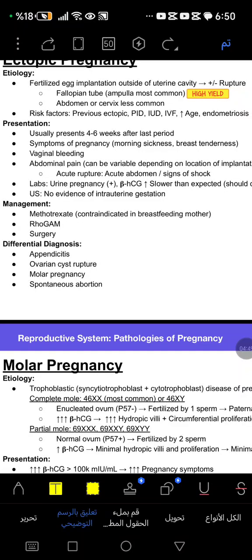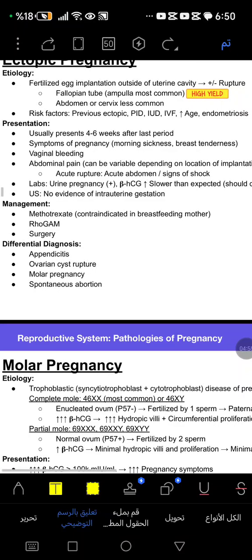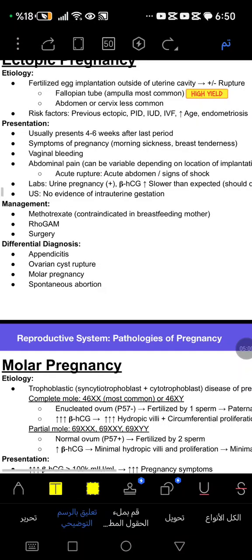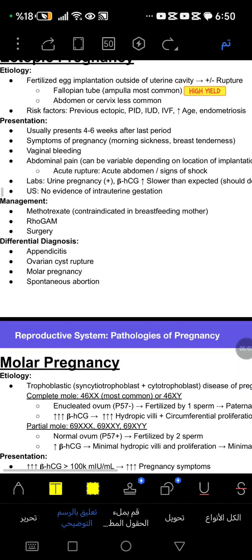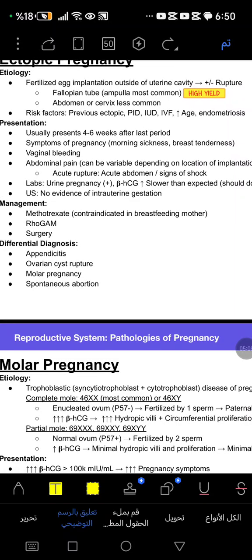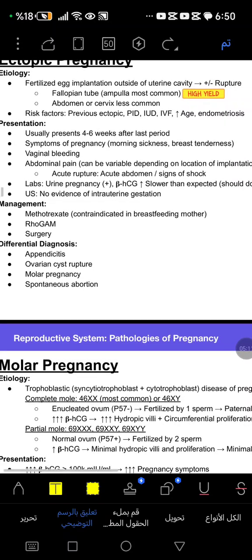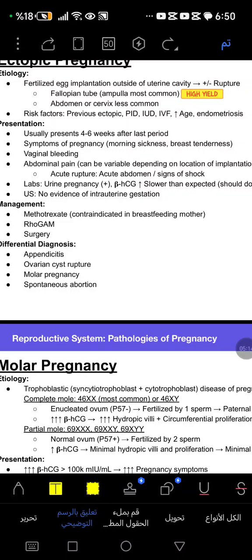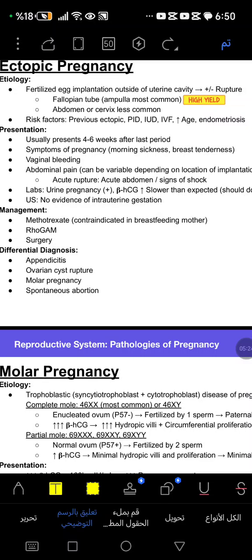You may have abdominal pain too, but if left untreated or misdiagnosed, the ectopic pregnancy will rupture. Why will it rupture? Because the oviduct is narrow. It doesn't have the ability to expand like the uterus. So the embryo grows and grows, and that leads to rupture because the oviduct is narrow and can't resist that pressure inside.